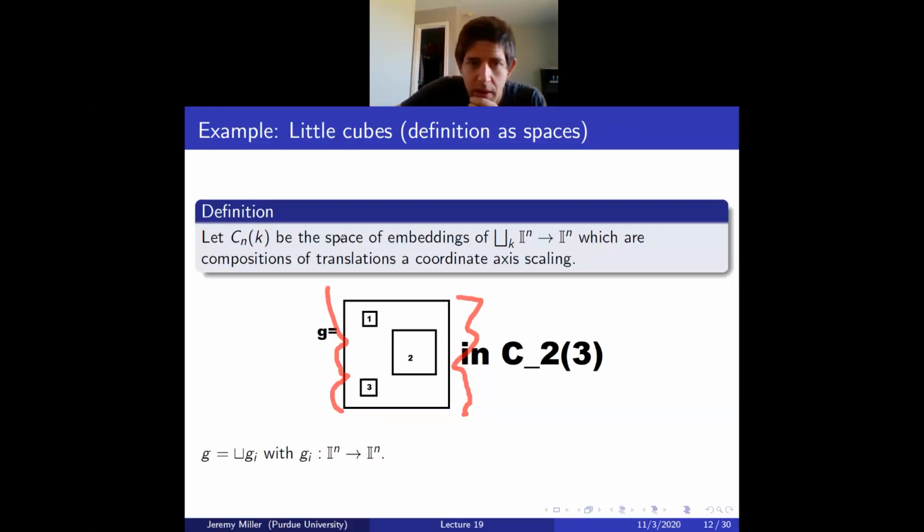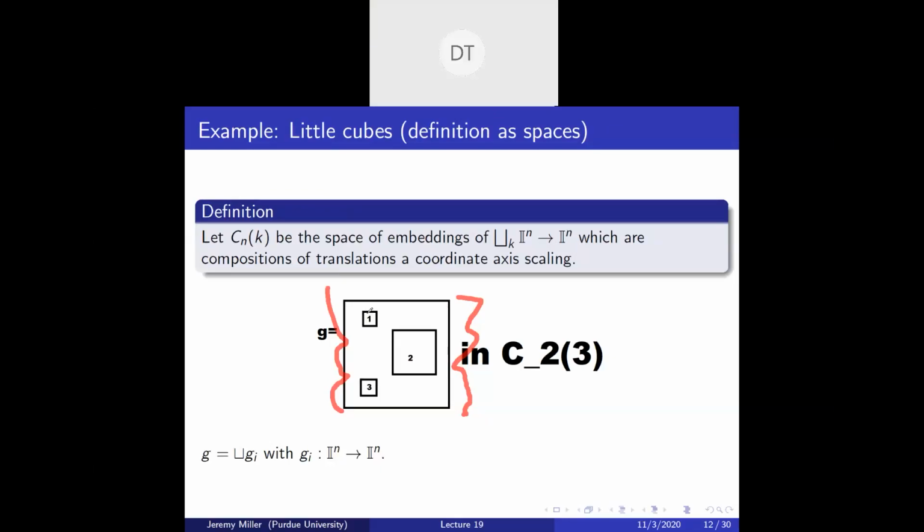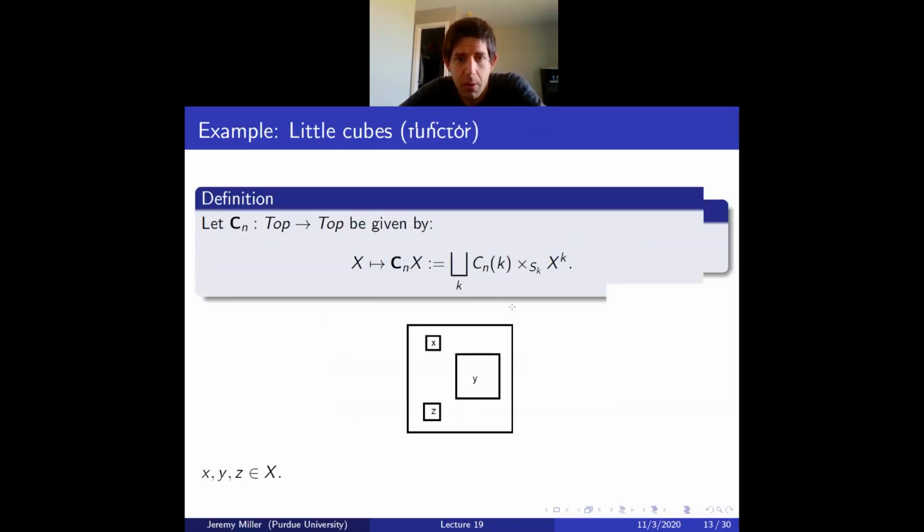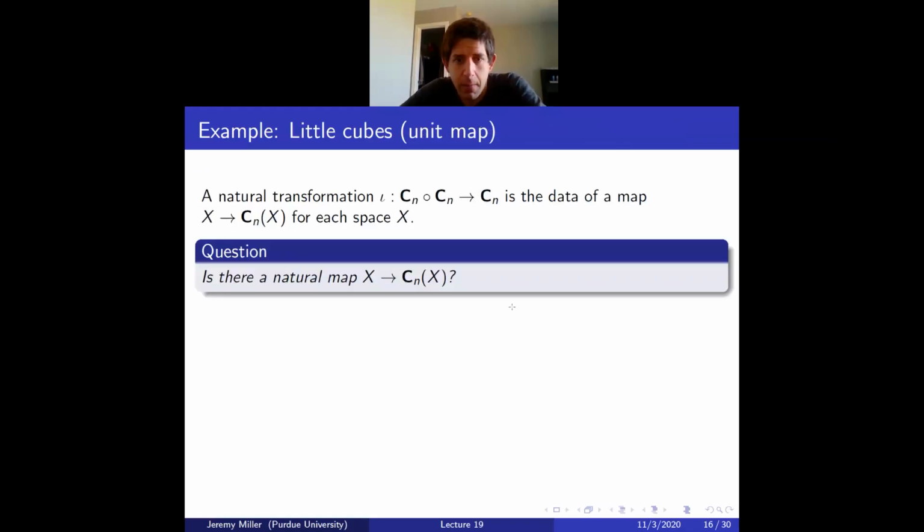Sorry, you mean think of them as points? Yeah, you can just think of them as points. Up to homotopy, the only thing that matters is the center of mass and the order. So the space of cubes is up to homotopy just a configuration space.